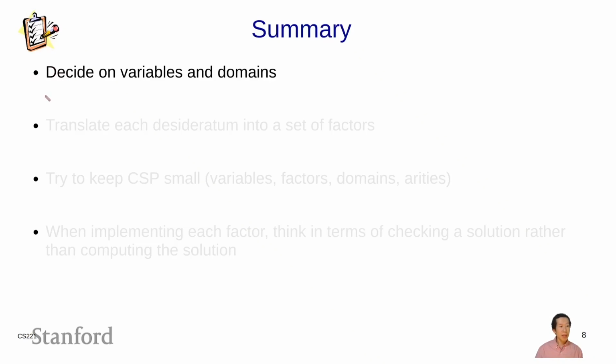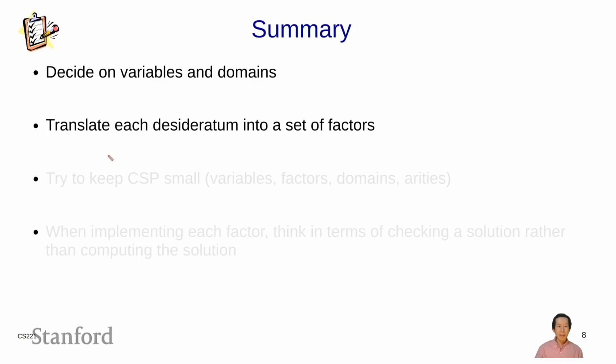And then we take a look at all the desiderata, the constraints and the preferences, the wishes, and translate them into a set of factors. The nice thing about CSPs is that this process is often parallelizable. If you have a set of desiderata, usually each desideratum translates into a factor or a set of factors. And then at the end of the day, you just throw all the factors into your CSP.